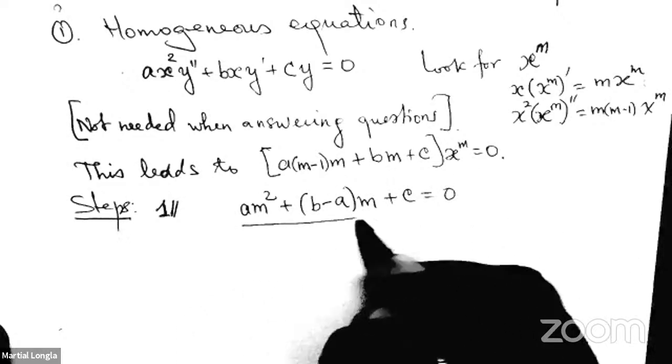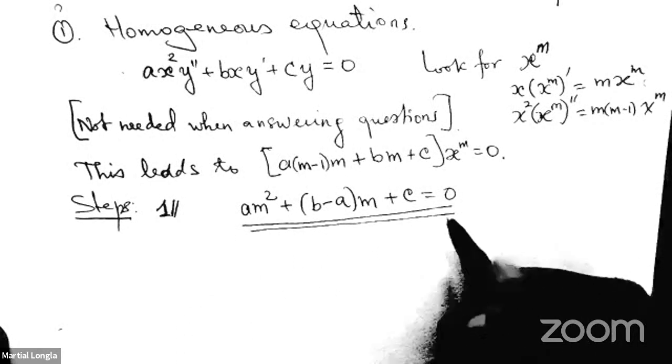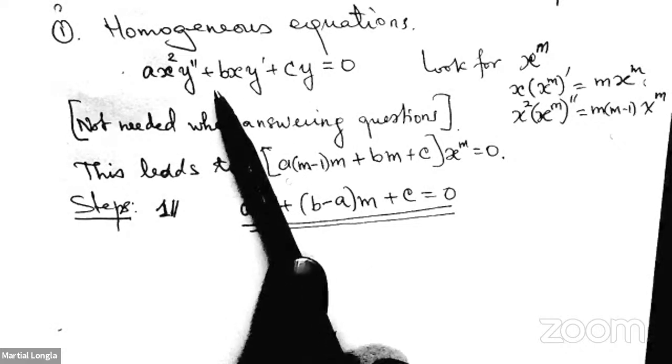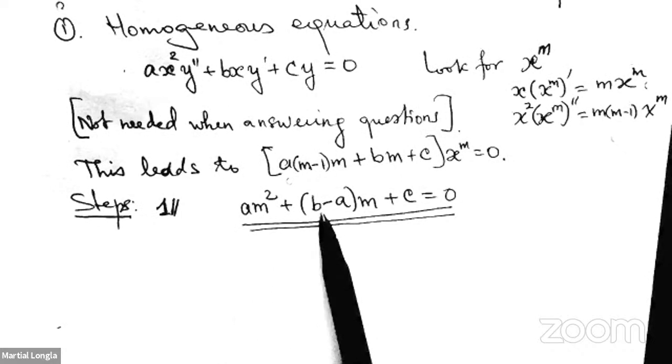So this is where you start solving that problem. The big difference with the homogeneous problem is that instead of b here, you got b minus a. That's what makes the difference between the Cauchy-Euler equation and the homogeneous equation with fixed coefficients. In the Euler equation, the coefficient is b minus a instead of just b.